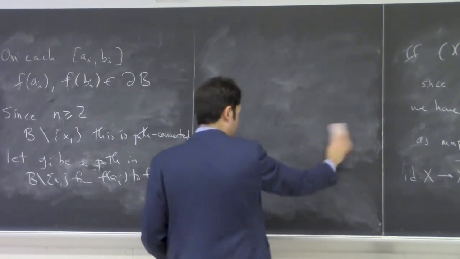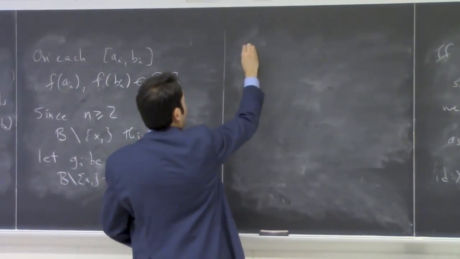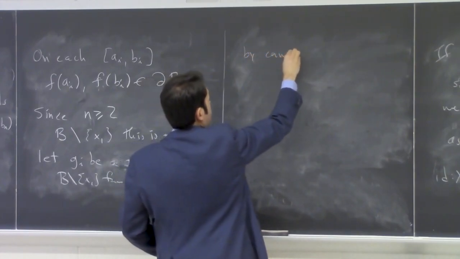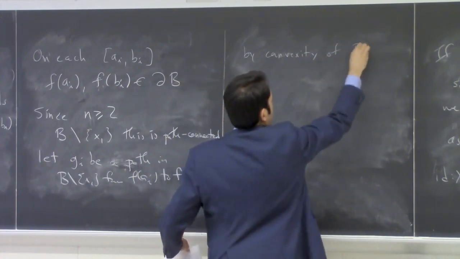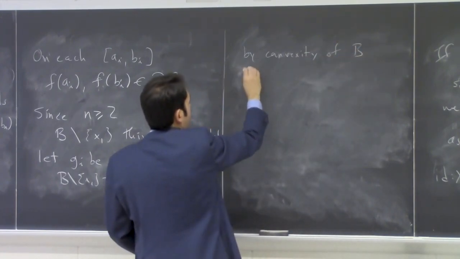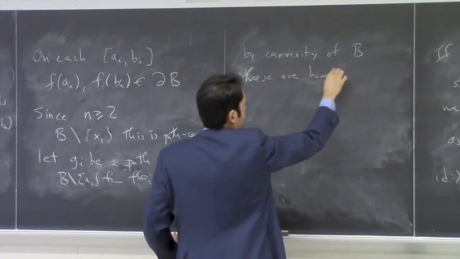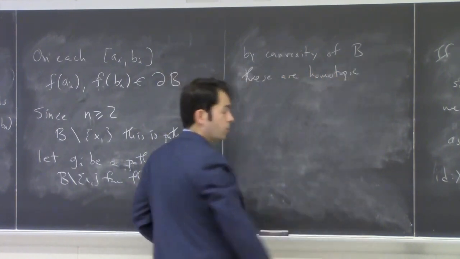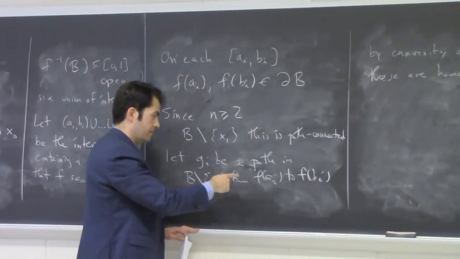And by convexity of B, these are homotopic, whereby these I mean f restricted to this interval and gi.